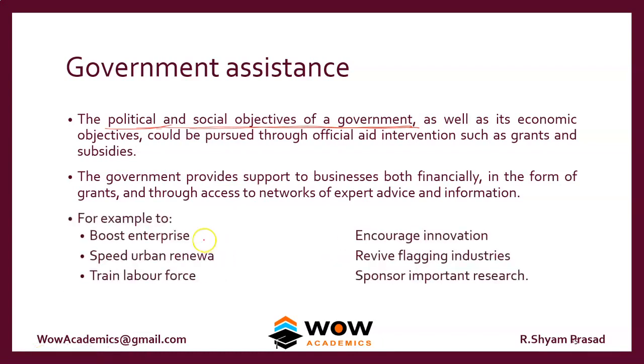They do it by boosting the enterprise, speeding up urban renewal plans, training the labor force. They encourage innovation. They give support to slow growing industries. They sponsor research. They also give financial support. They also give expert advice and information. So the government also helps very useful industries, something like agriculture or education.